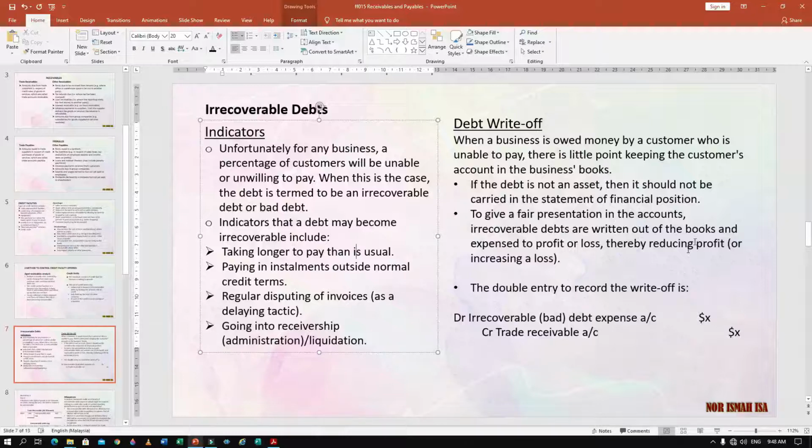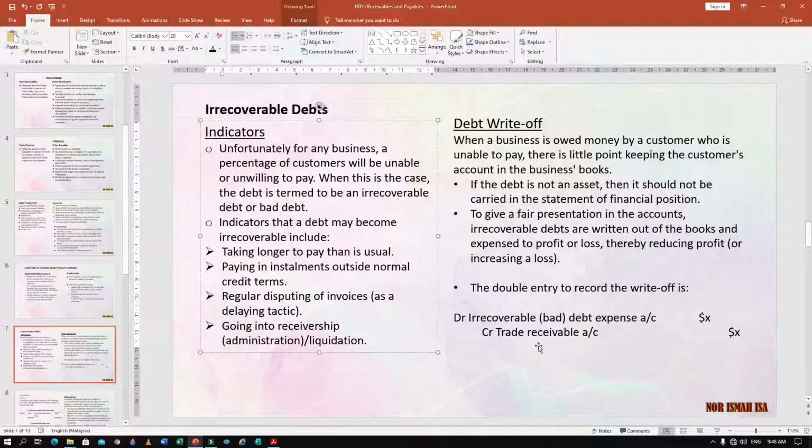So when this receivable is not expected to pay, it is not an asset, so it cannot be reported as an asset in the statement of financial position. It needs to be written off, and it becomes an expense to the business, and it will reduce profit or increase loss.